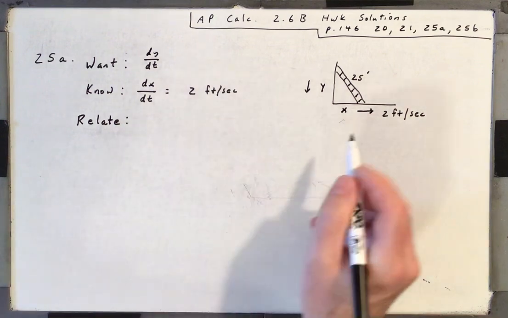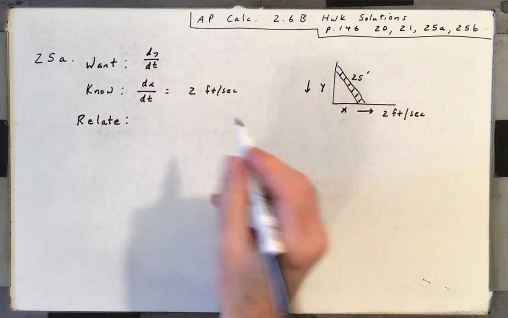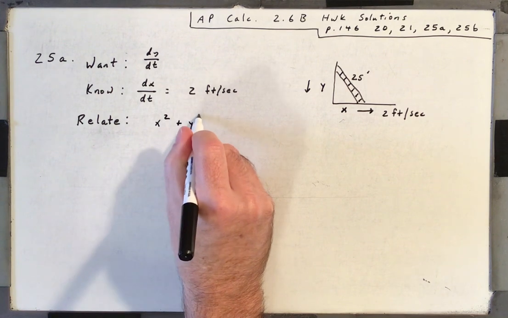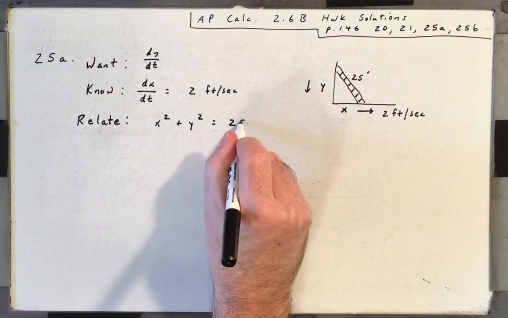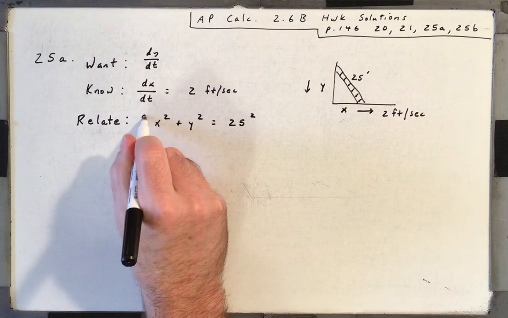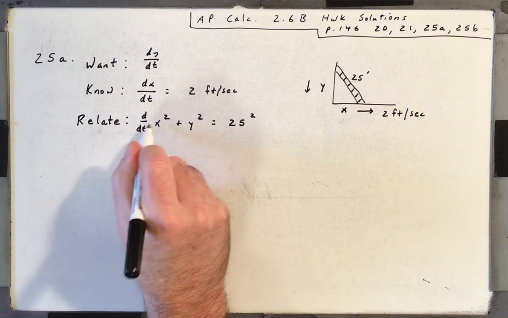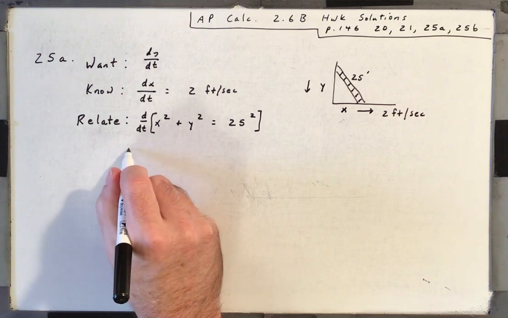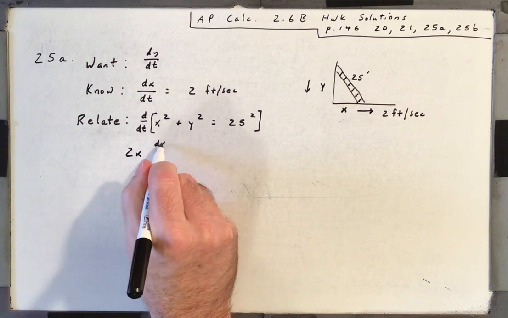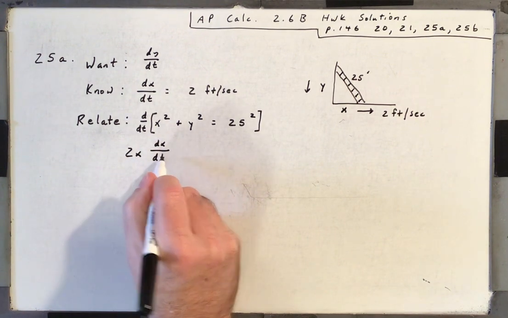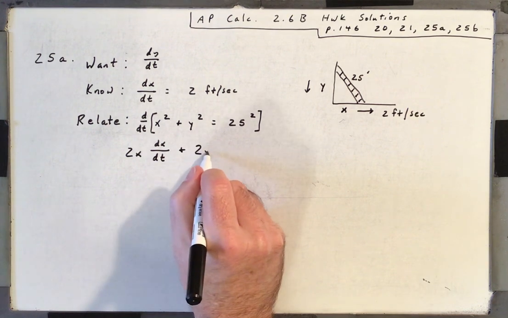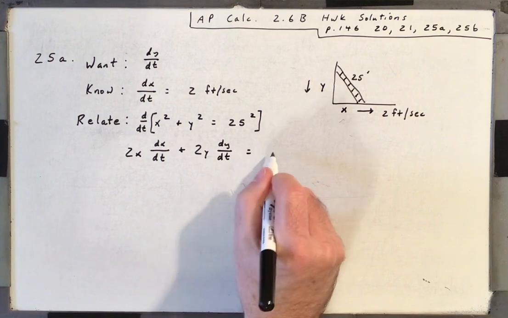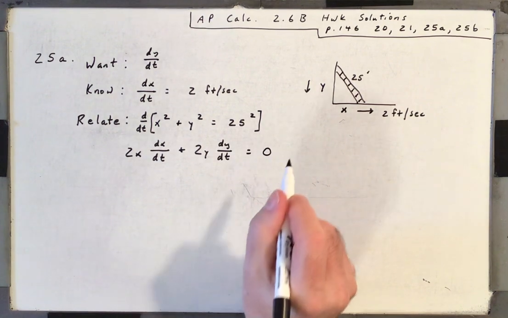This is just a right triangle, so we use the Pythagorean theorem: x squared plus y squared is equal to 25 squared. We're going to differentiate that with respect to time. So that would be 2x dx/dt plus 2y dy/dt is equal to 0.